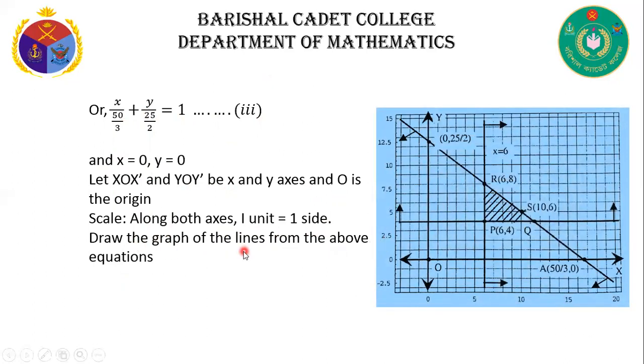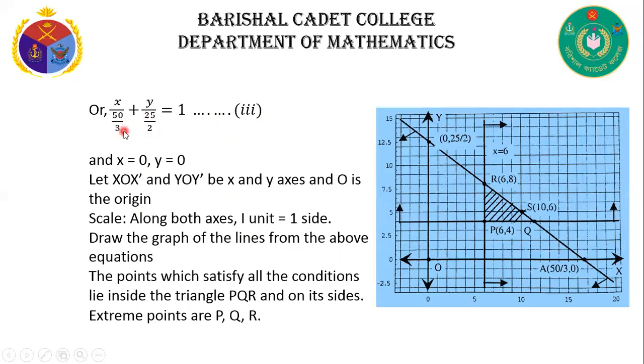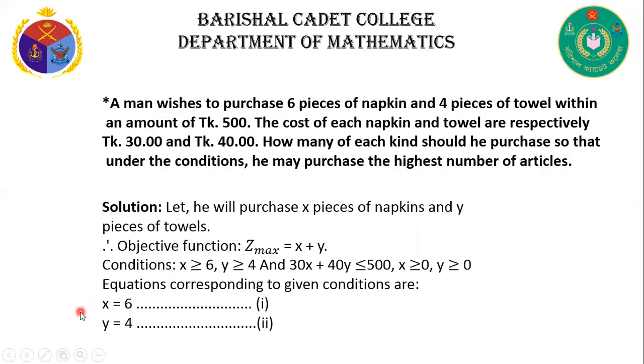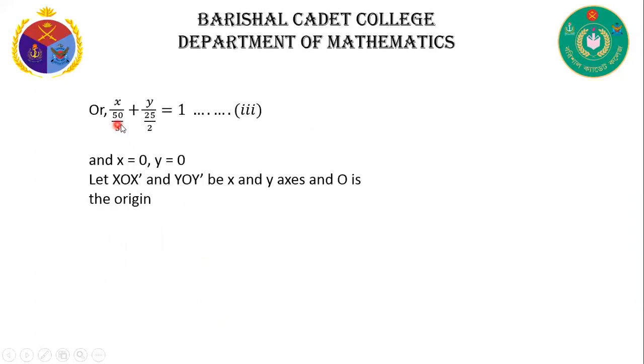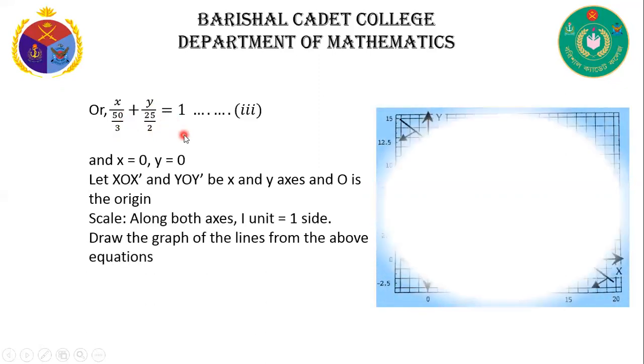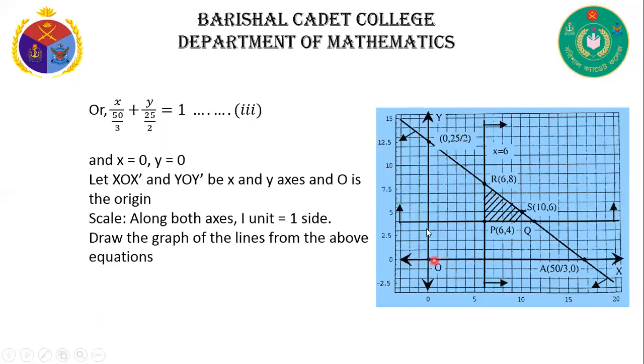Draw the graph of the above equations. Now we are putting all the equations here. 1, 2, that means x equal to 6, y equal to 4. x equal to 6 means parallel to the y-axis, y equal to 4 means parallel to the x-axis, and here the given points are 50 by 3, 0 and 0, 25 by 2.